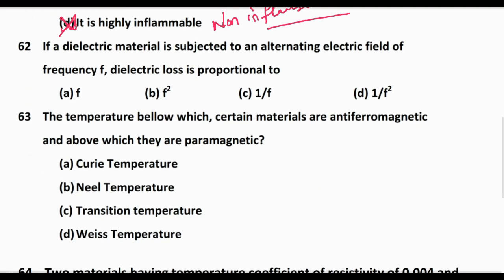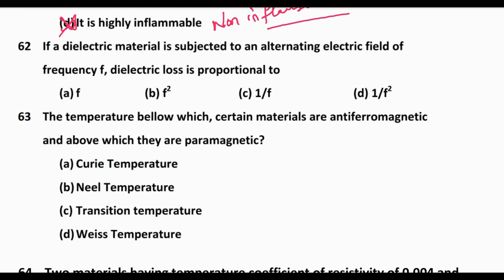Next question is, if a dielectric material is subjected to an alternating electric field of frequency f, dielectric loss is proportional to what?